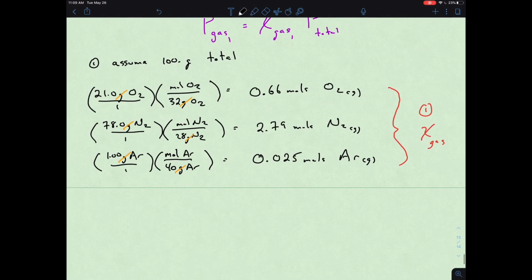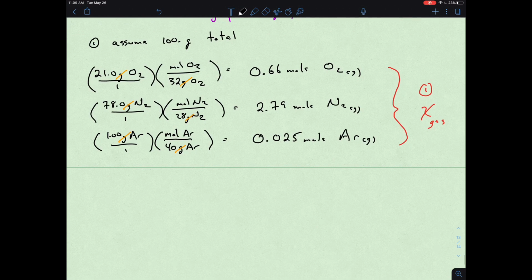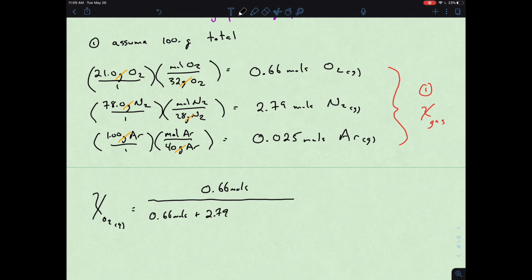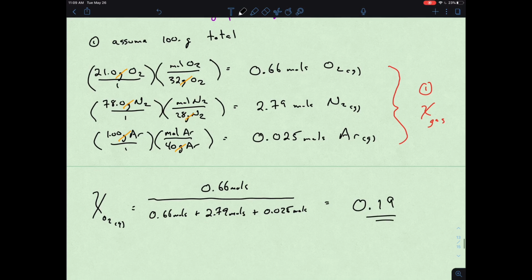So now I can put the mole fractions together. For the oxygen, I take the 0.66 moles and then divide it by the total moles of gas to give us a value of 0.19 for oxygen's mole fraction.